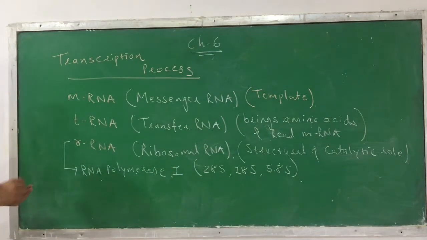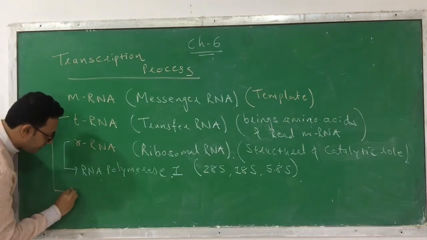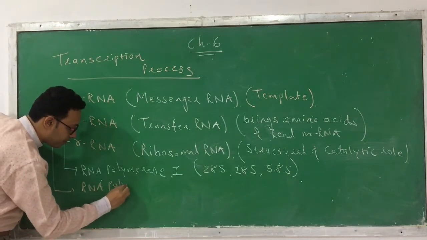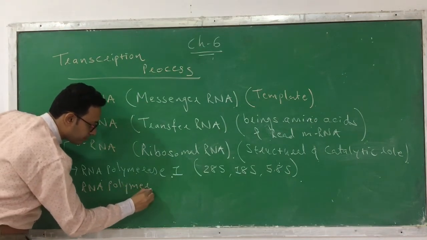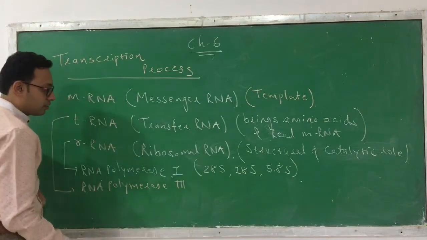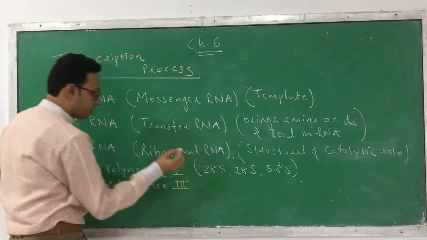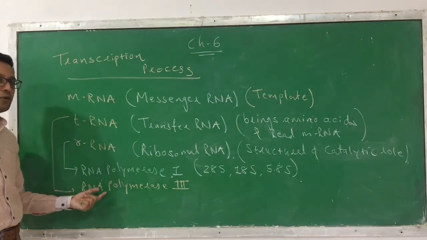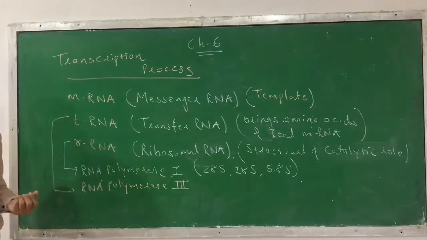Okay, clear? Second, the tRNA. This tRNA is synthesized by an enzyme called RNA polymerase 2. Sorry, it is RNA polymerase 3. RNA polymerase 3 synthesizes the tRNA.